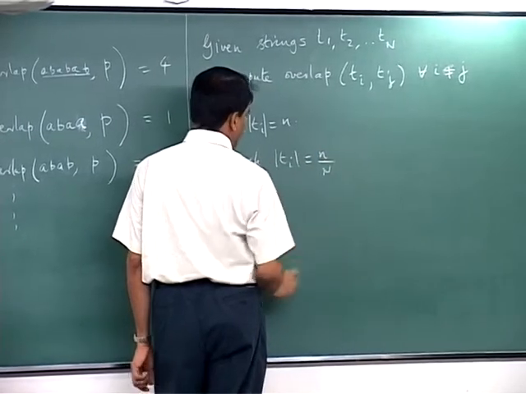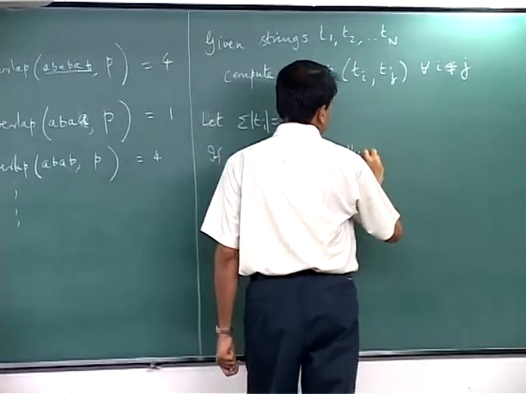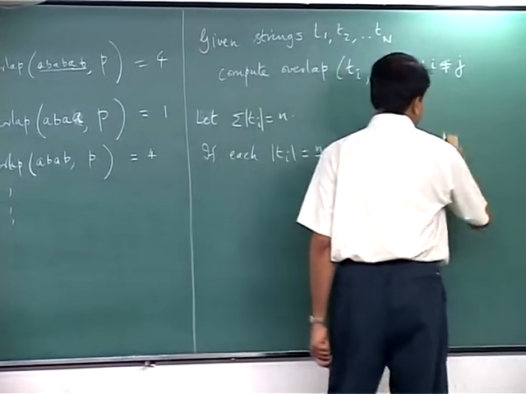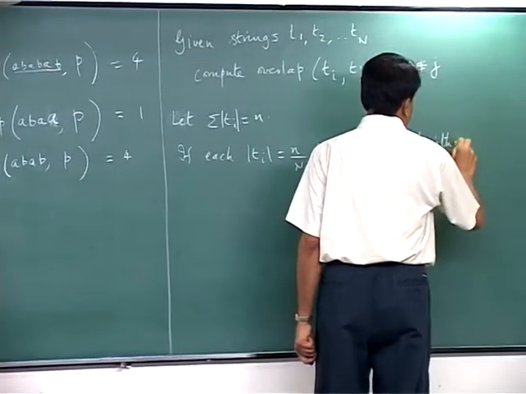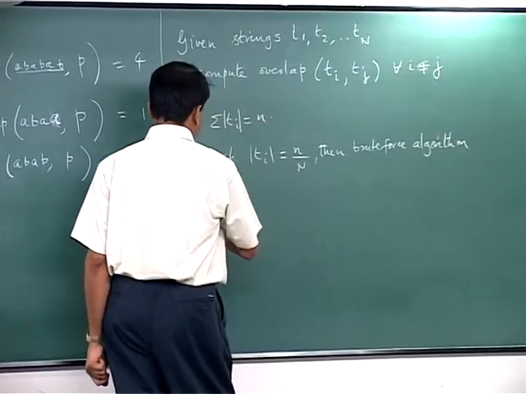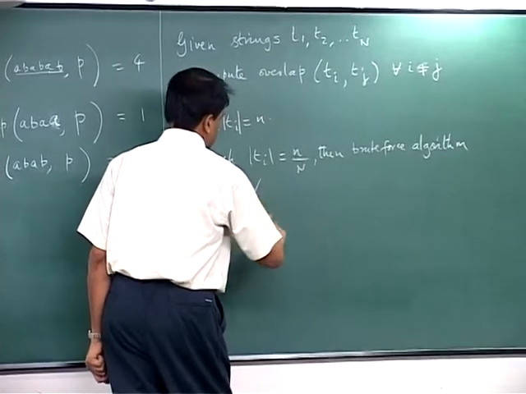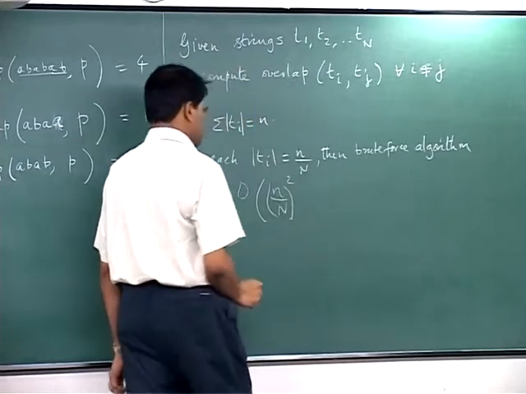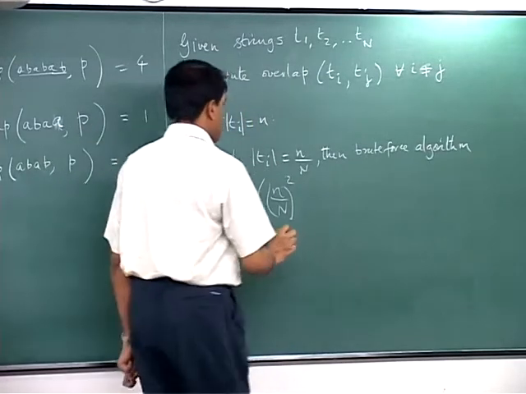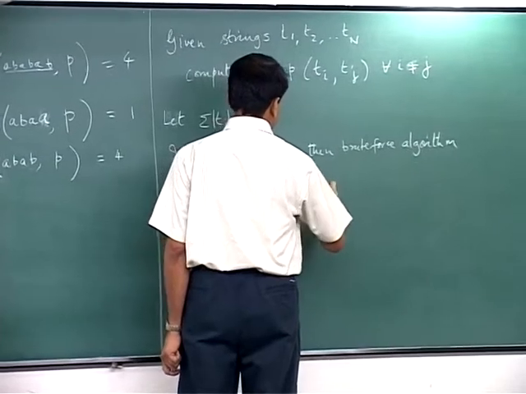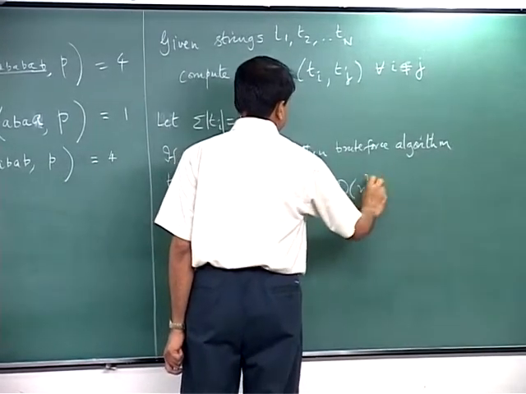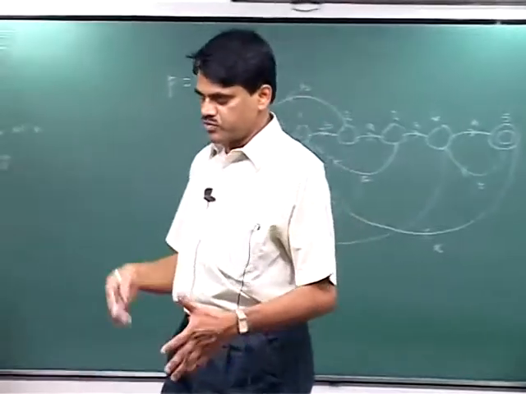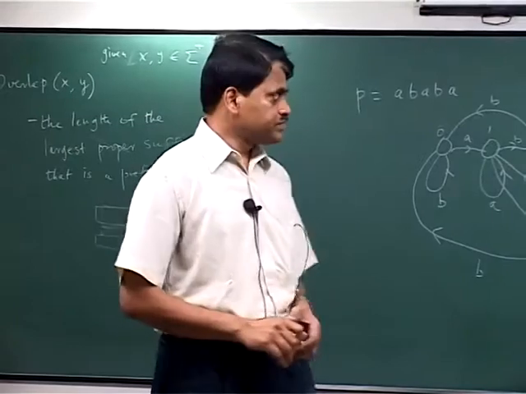If they are all of the same length, then the brute force algorithm for a pair, the number of pairs is again n square, so this is order n square. And using suffix trees, we want to improve this algorithm running time to something like n log n plus something.